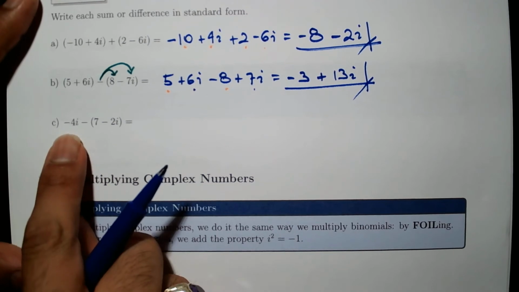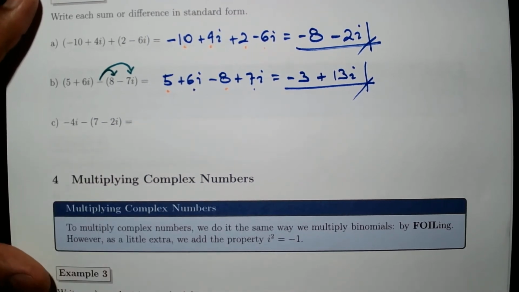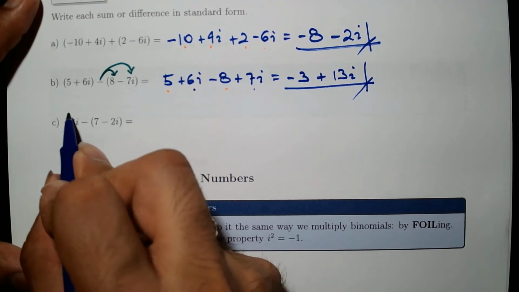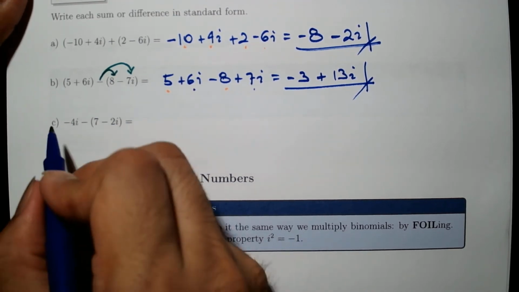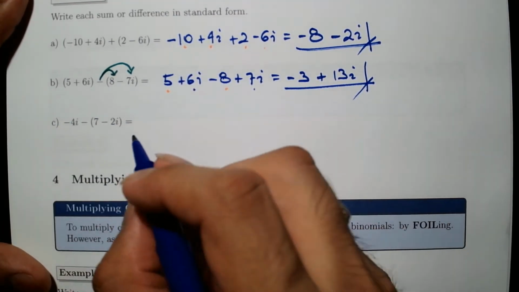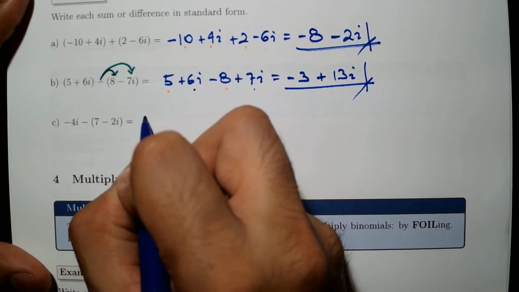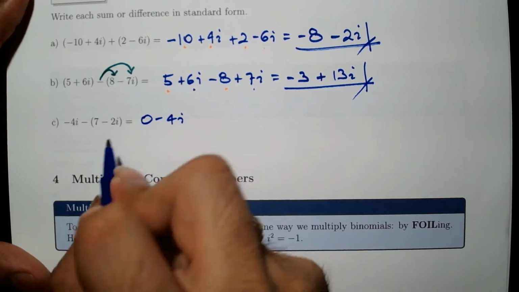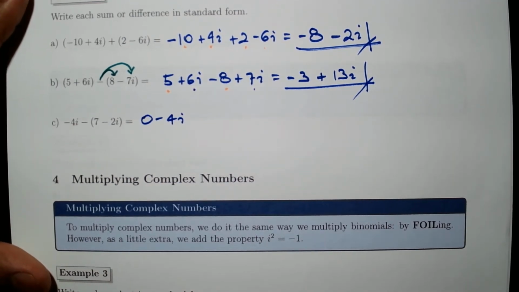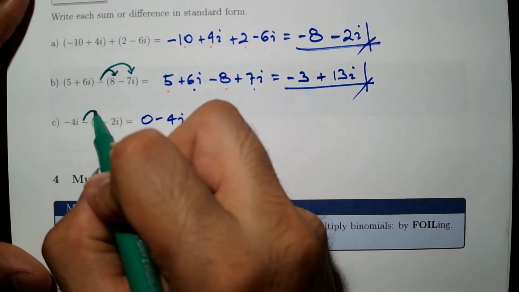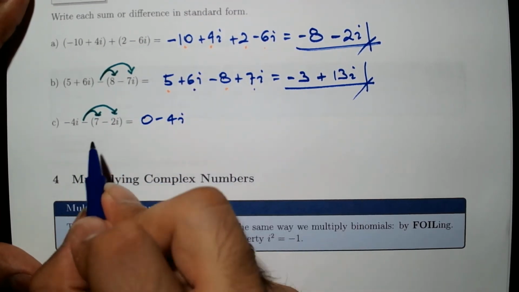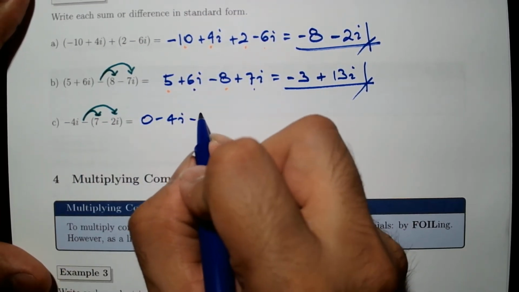Letter C. Letter C might be a little bit tricky. Okay, so notice we don't have parentheses around the negative 4i, and notice there is no real part. So this is very similar to say 0 minus 4i. And then in this case, as we did before, distribute the negative sign.